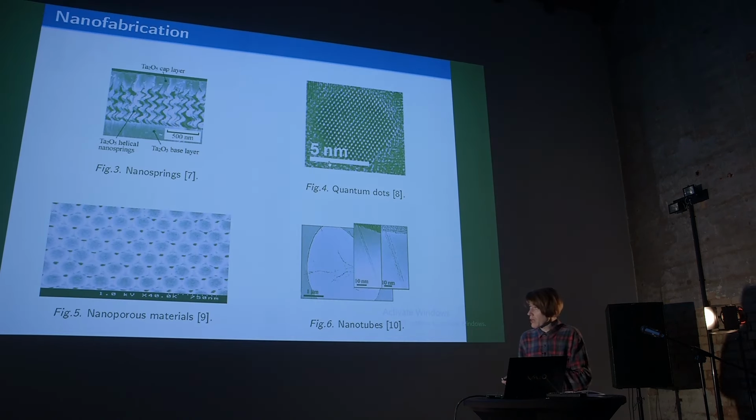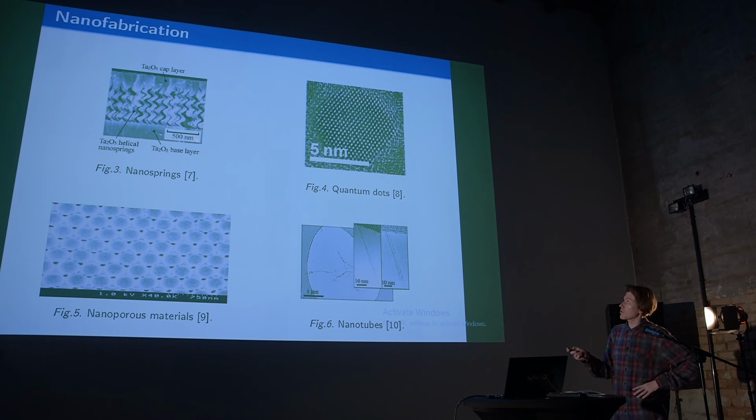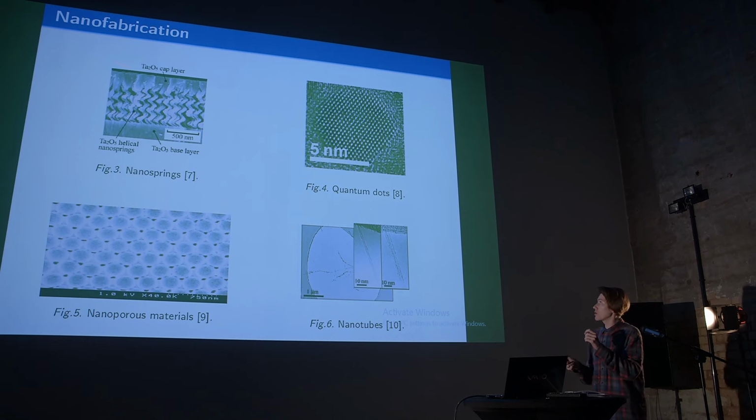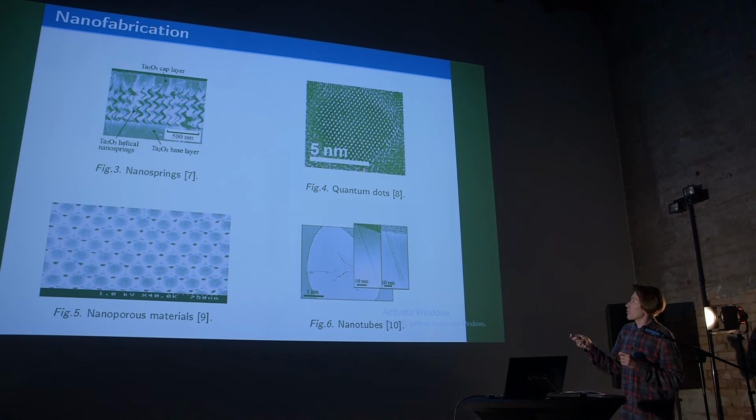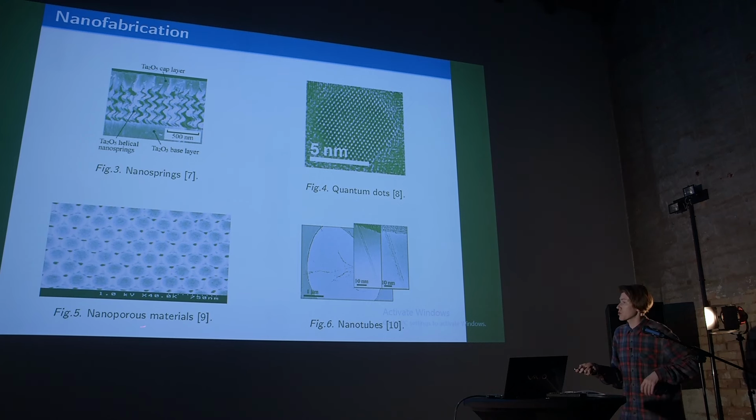But on the other hand, if we can control these processes, we can use it for fabrication of different structures, nanostructures, for example, like nanosprings, quantum dots. As you can see, very small structures. They have very special optical properties and can be used in different sensors.